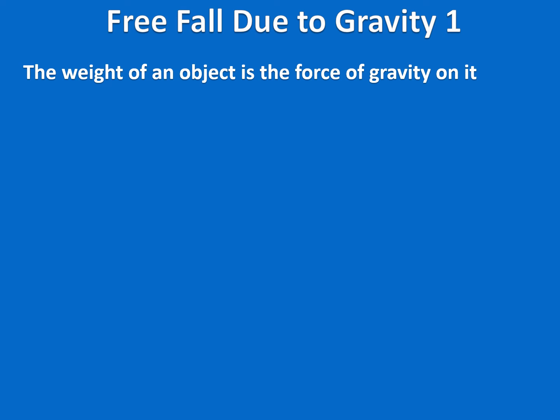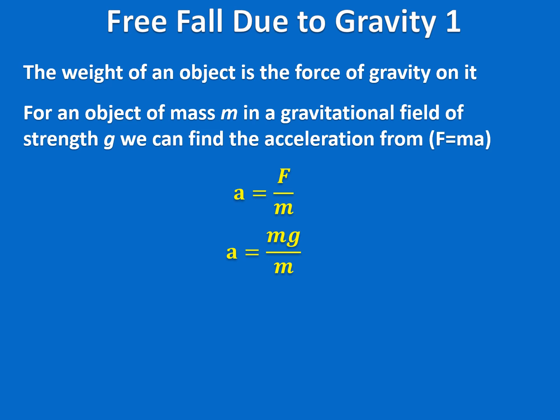So imagine an object is falling, we've dropped it from rest, it's falling to the ground. From Newton's second law, we know the force is equal to the mass times the acceleration. So we can rearrange that to get the acceleration, which is force over mass. Previously, we'd shown that the force is equal to mg, because remember, g is equal to F over m.